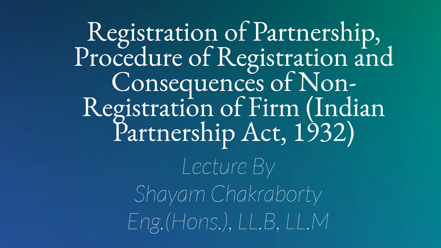Suppose there was another transaction between the partnership firm and T, the third party, and the partnership firm made a counterclaim, saying the firm will return the money to T, the third party.